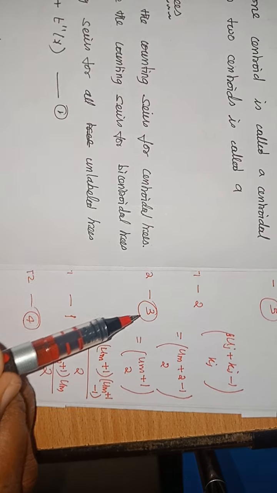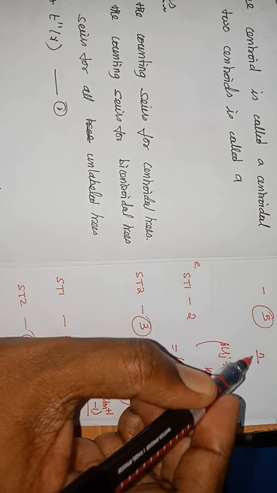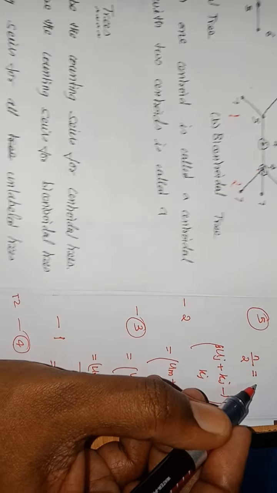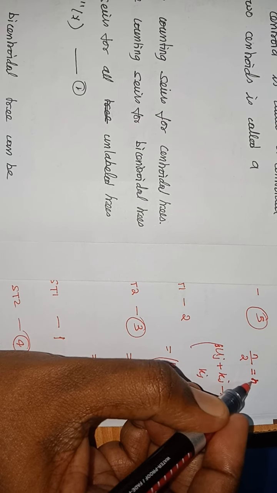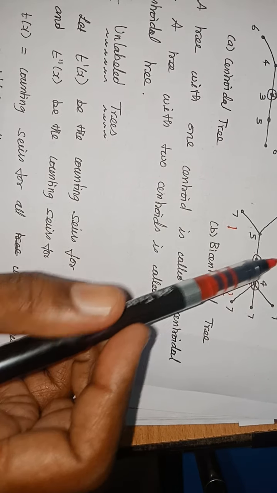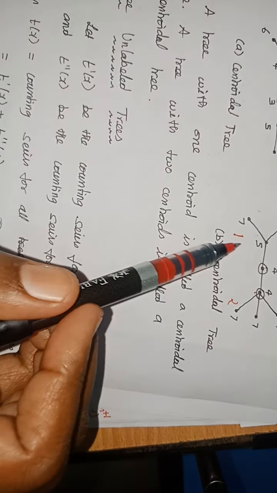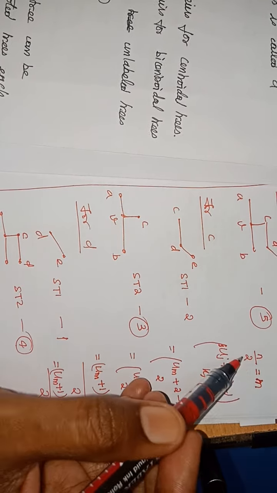Here, what is uj? Suppose this rooted tree contains n by 2 vertices. Let me take it as m. This rooted tree contains n by 2 vertices, so n by 2 equals m.